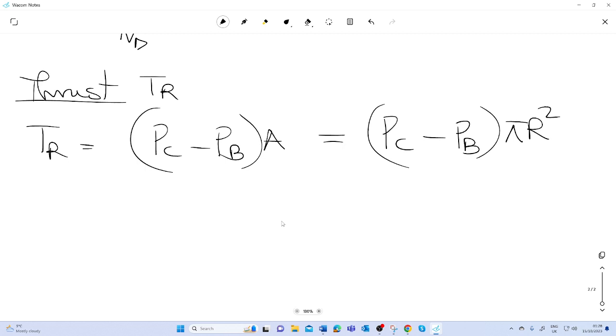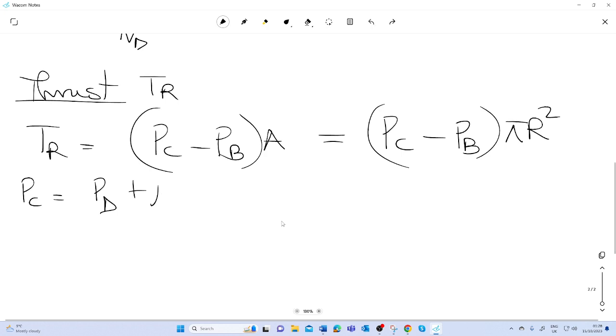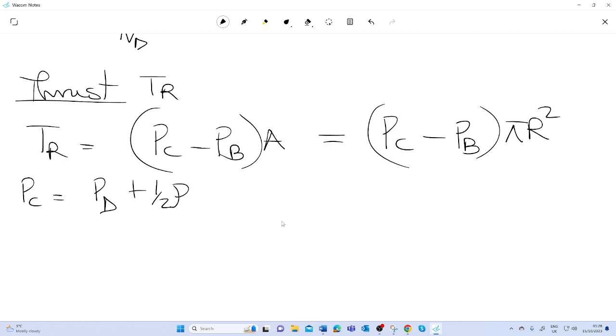Don't let us forget, from the Bernoulli equation we can deduce our PC. Our PC becomes PD plus half rho VD square minus half rho VC squared.